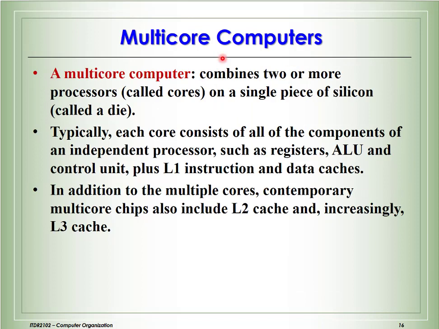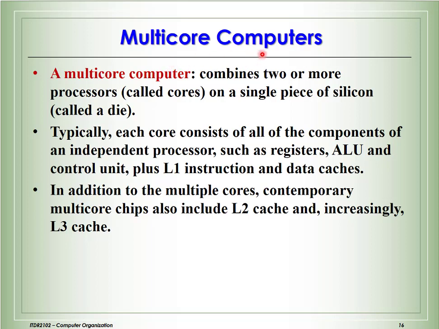Okay, now multi-core computers. There is a difference between multi-core computers and multi-processing computers. Multi-processing computers are the computers or systems in which multiple processors are working together, and they are executing the instructions concurrently, okay, to improve the speed of the system.